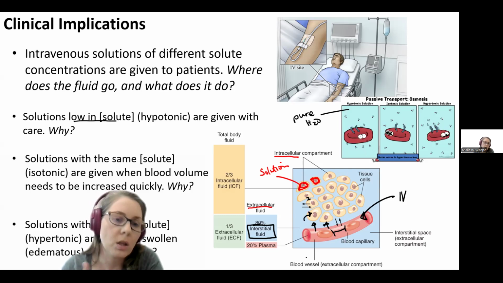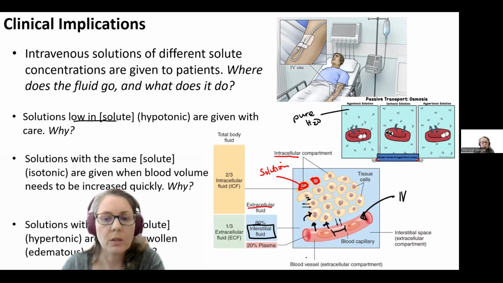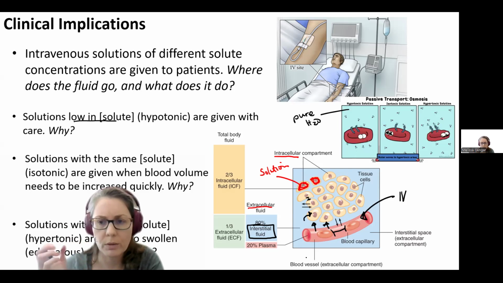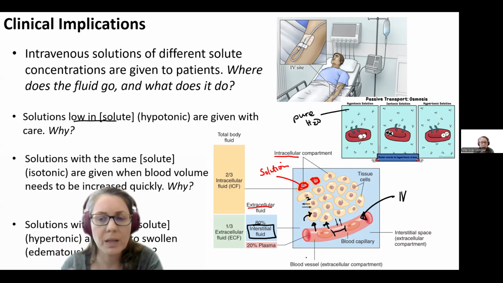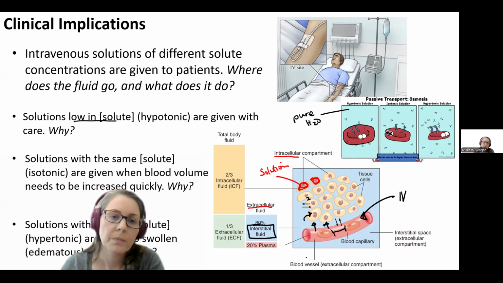This is going to cause all of your cells to start swelling. That is not something you ever want to have happen. This is why pure water is never given, really, in these situations, unless you are severely dehydrated and your cells are really shriveled up, then they might give you pure water, but it's not the best option.